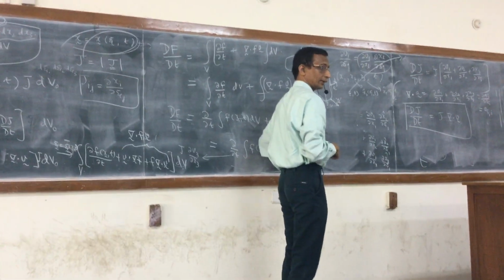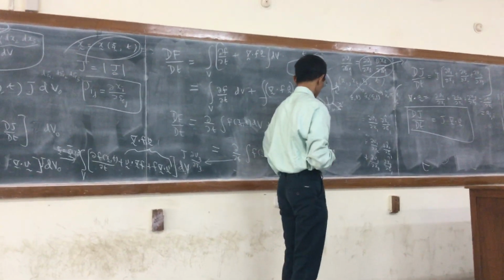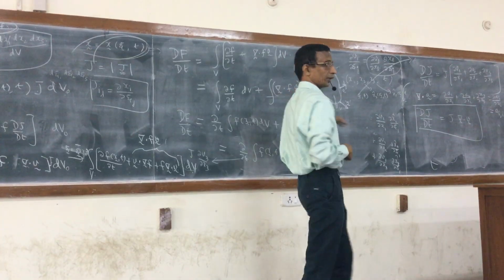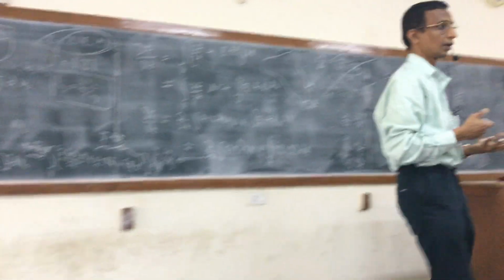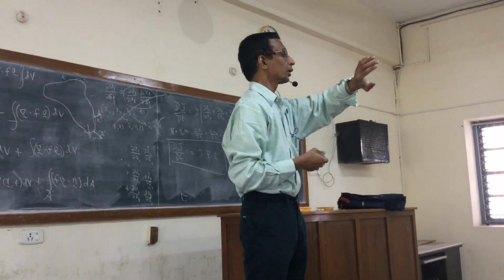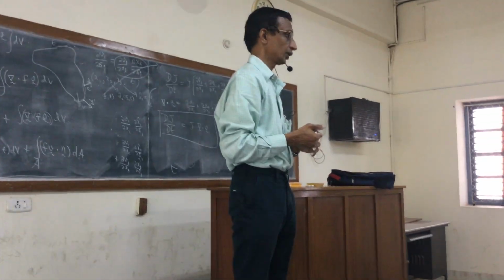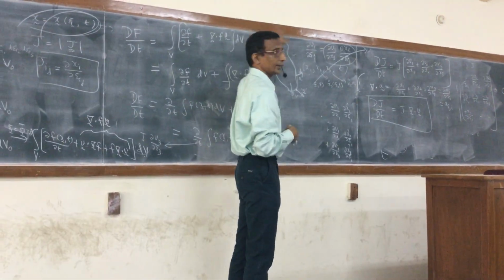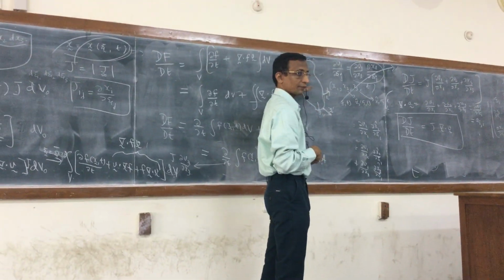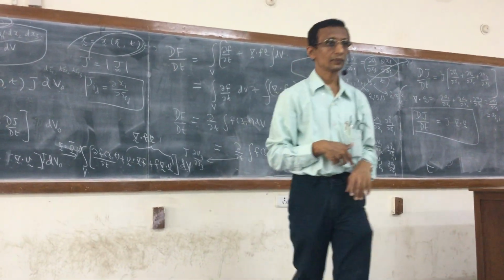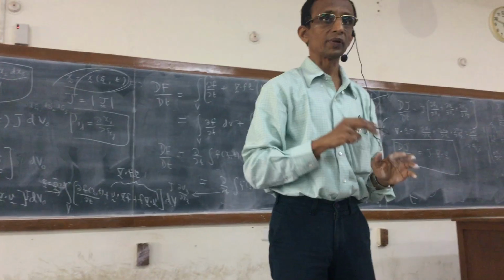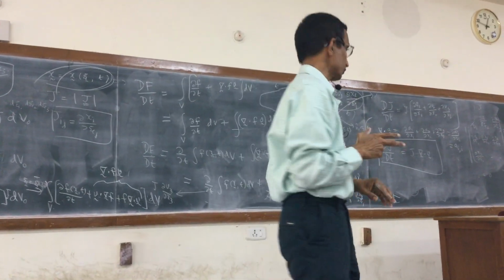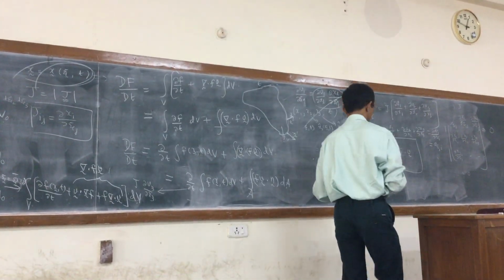So I have to calculate the dot product at every point of this and integrate it over the surface. So we are converting a volume integral into a surface integral or an area integral. So this is the area over which I have to integrate. Now what is the use of this? It has a nice physical interpretation which we will discuss in the next class.